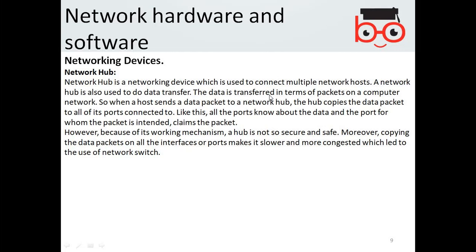But unfortunately all the data being transmitted was sent to every available device on the network, and the intended receiver accepted it, otherwise the others rejected it. So it was the disadvantage.